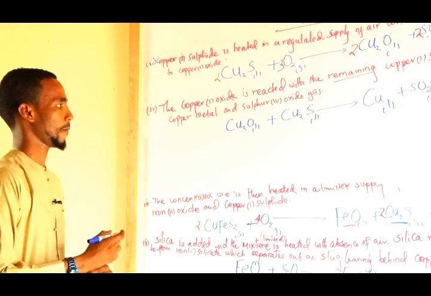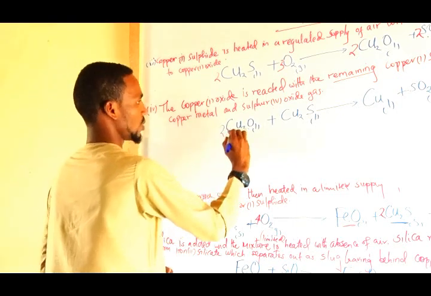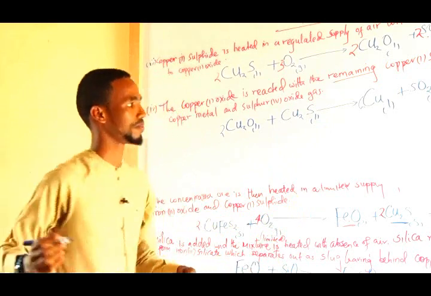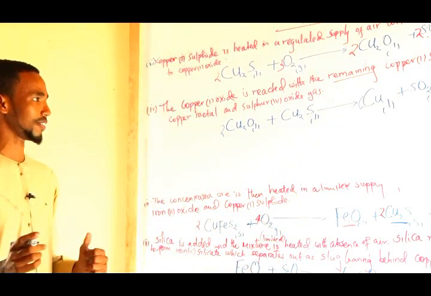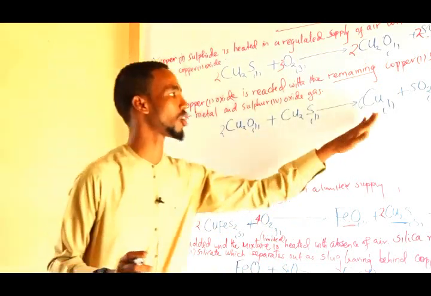And the balancing is 2, then 6, then 6. So you have already obtained your copper metal.